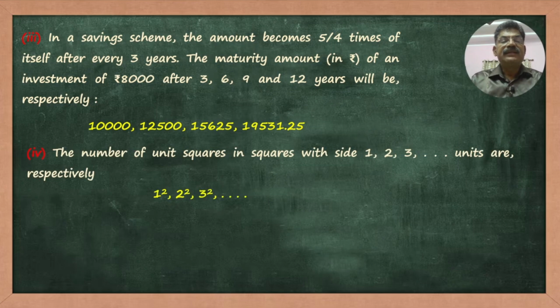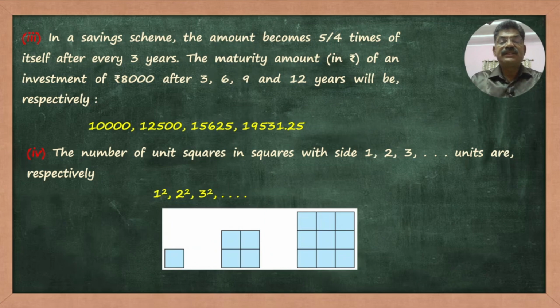Next example. The number of unit squares in squares with the sides 1 unit, 2 units and 3 units and so on are respectively 1 square, 2 square, 3 square and so on. Let us see the diagram. So first you have only 1 square. Second, length is 2 units, therefore 2 square, that is 4 squares are there.